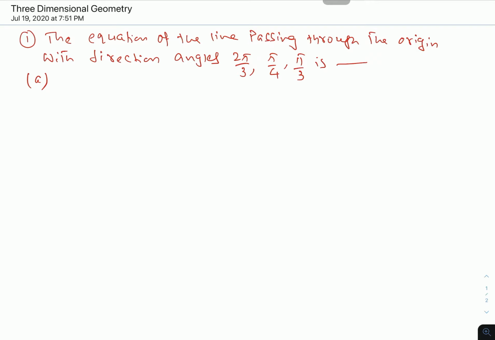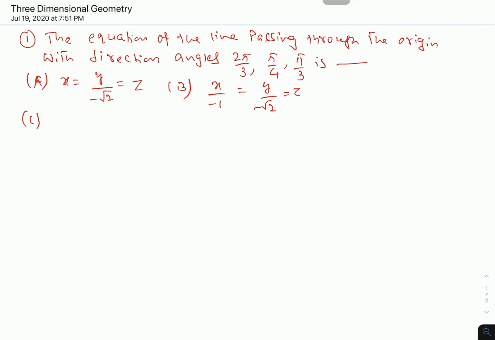Options are: x equal to y over minus root 2 equal to z. Second option, x over minus 1 equal to y over minus root 2 equal to z.